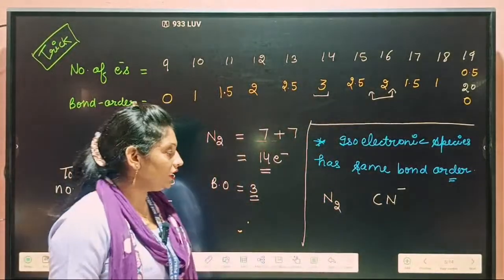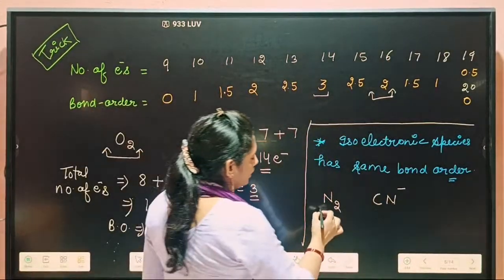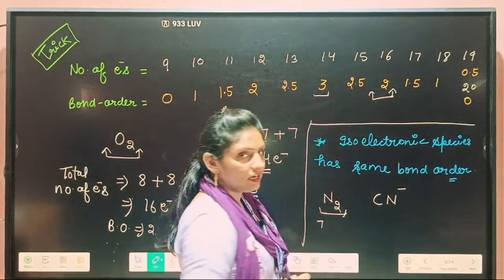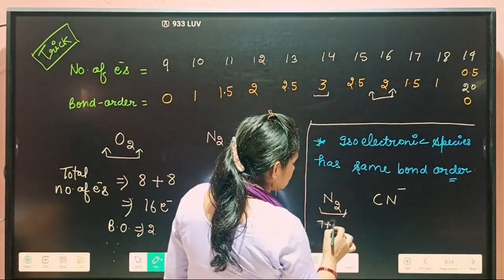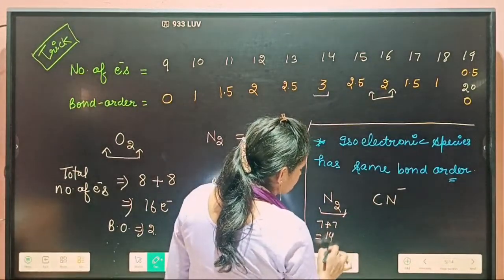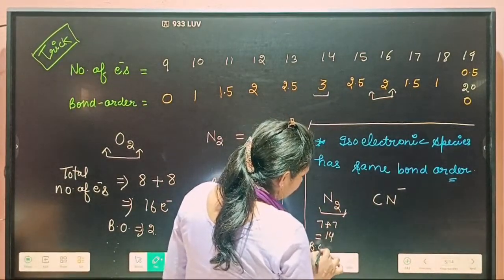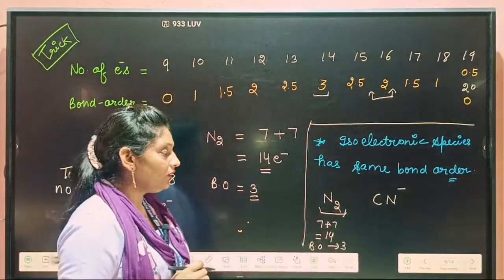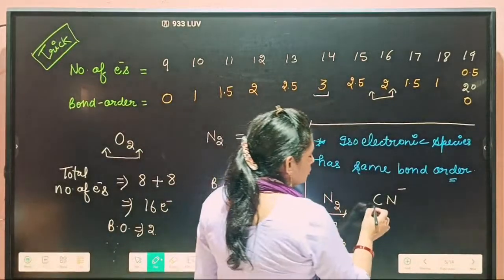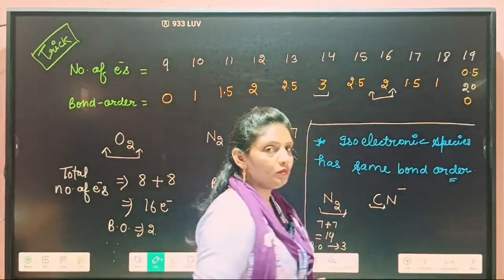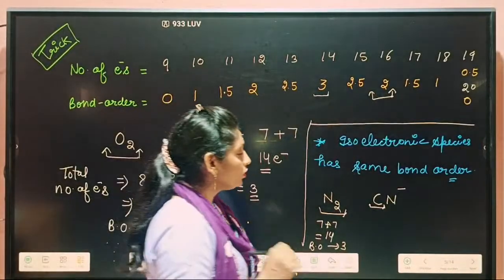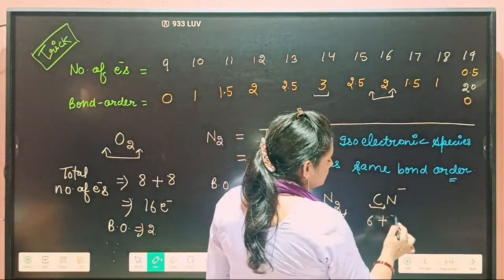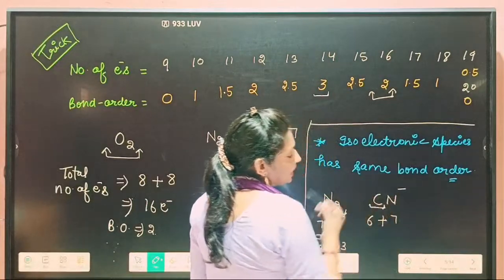Here you can see, in case of nitrogen, you have already seen, one nitrogen has 7 electrons, the second one also 7, so there are 14 electrons. If there are 14 electrons, then its bond order will be 3. But if I talk about cyanide ion, here carbon atomic number is 6, so the number of electrons is also 6. 6 plus nitrogen 7, and one negative charge is here.